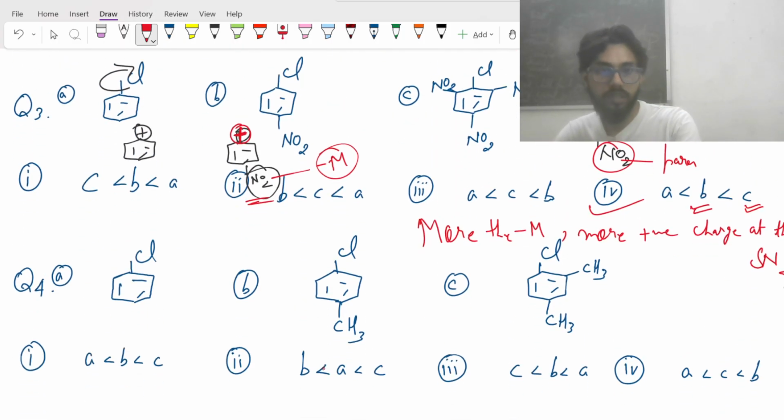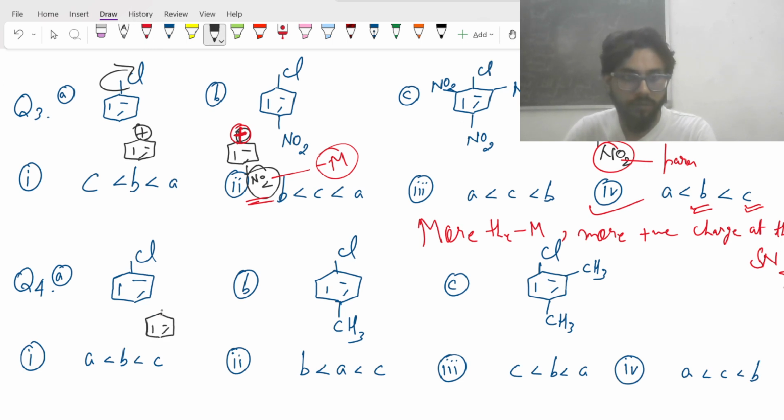Now you can see question number 4. Let's see. In this question number 4, the same kind of scenario you can see here. This will be your positive charge, and this will be your positive charge with a methyl group.